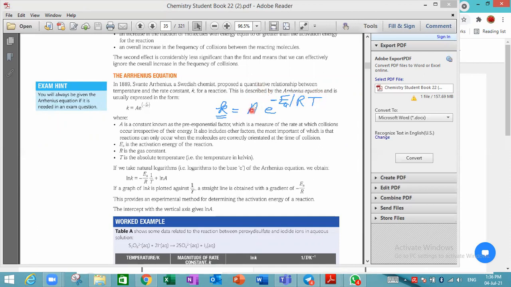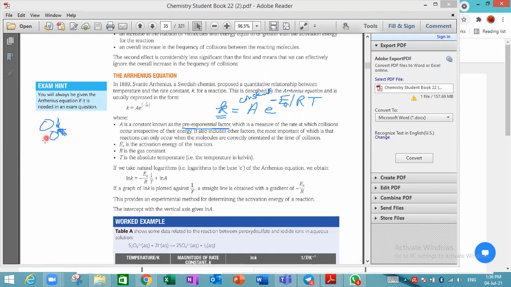Now, what is A? We call it the pre-exponential factor. This is a constant, which is a measure of the rate at which collisions take place between particles irrespective of their energy. It means that even if two particles collide without enough energy to form the product, the pre-exponential factor accounts for this collision.